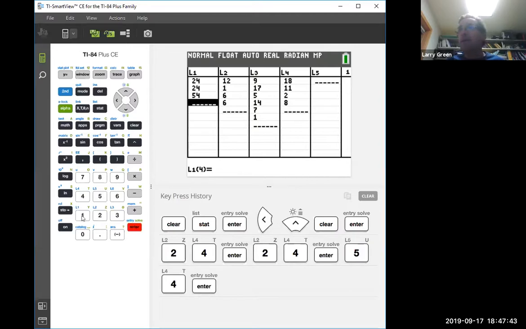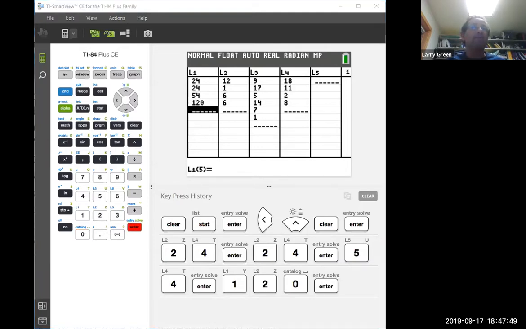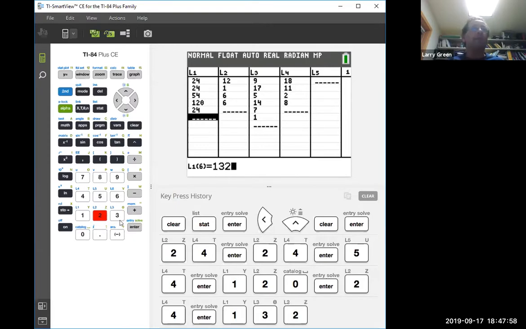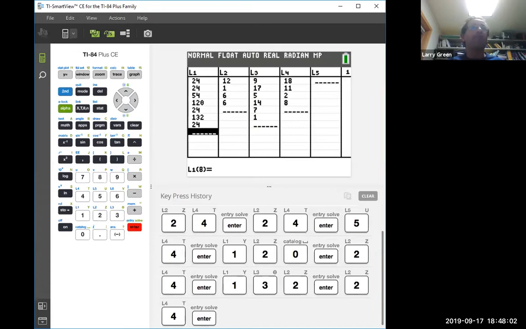Then 120, 10 years, enter. Let me scroll a bit. 24, 132, 20. 24, enter. 132, enter. 24, enter. 24 seems like the biggie. 5 times 12 is 60. Enter.